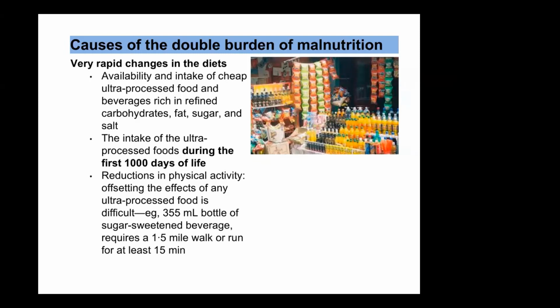And the other thing is, as I said before, when a child consumes these foods during the first 1,000 days in early life, the effects can last for a longer period of time.